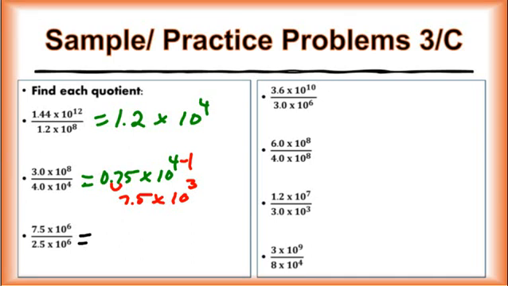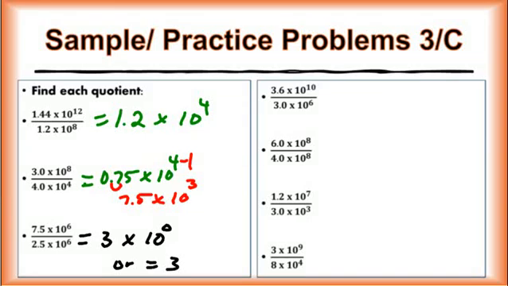And the last one here, on this side, we got 7.5 divided by 2.5 gives us 3 times 10. 6 minus 6 is 0. That's just going to give us 1. So you can either keep it as 3 times 10 to the 0, or it would just equal 3.